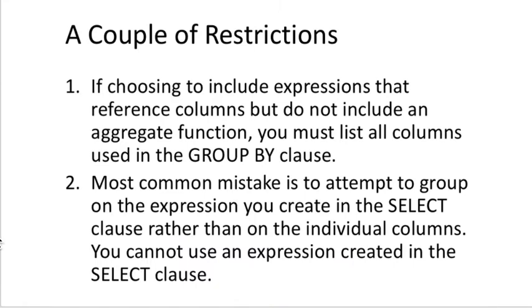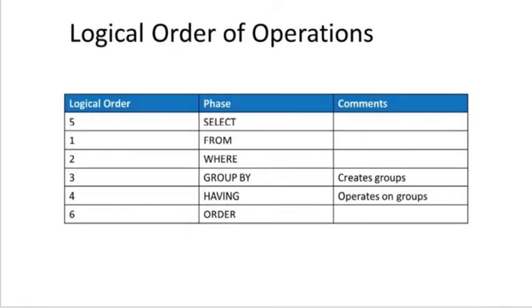The second restriction is that the most common mistake is to attempt to group on the expressions you create in the select clause rather than on the individual columns. You cannot use an expression created in the select clause. So this is the logical order of operations we mentioned several times.